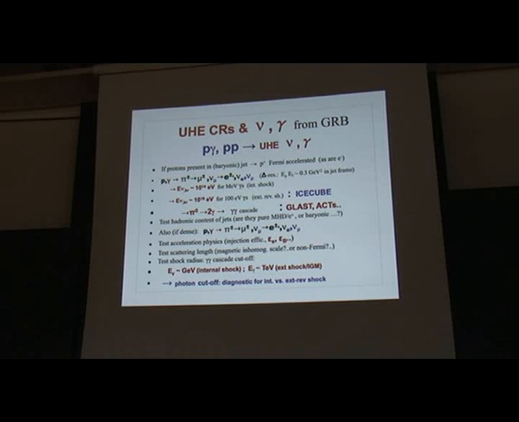Then they'll decay into two gamma rays, so you'll get high energy gamma rays. And so this provides opportunities for testing what the actual proton load is in these shocks.